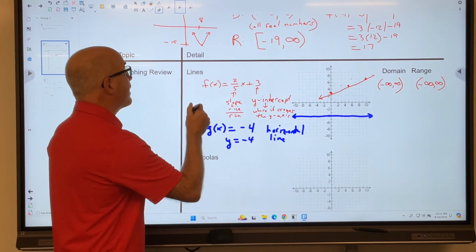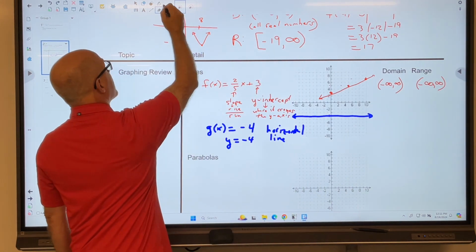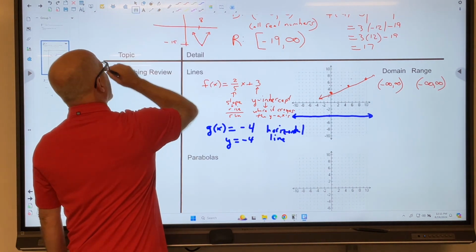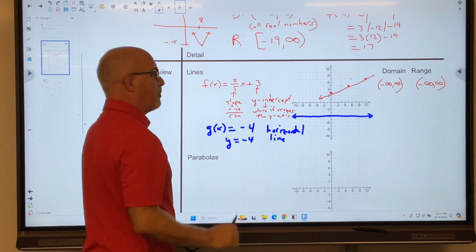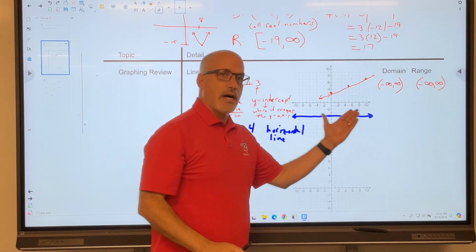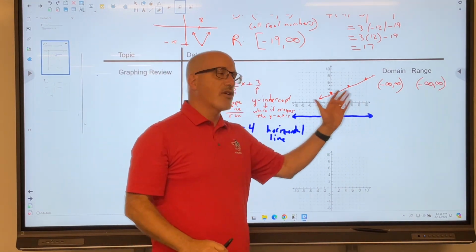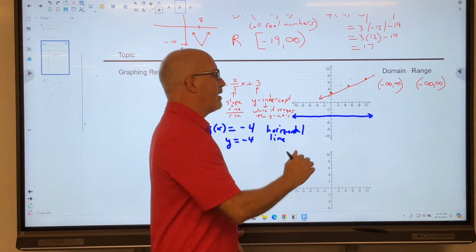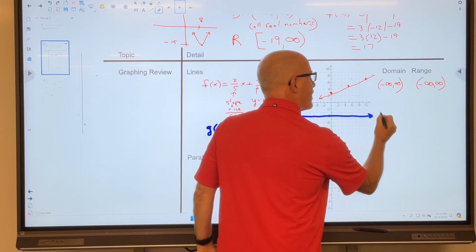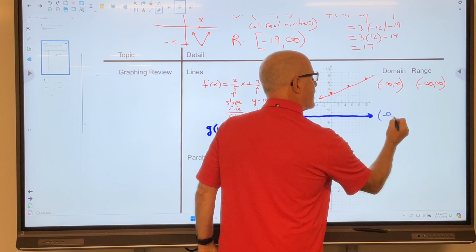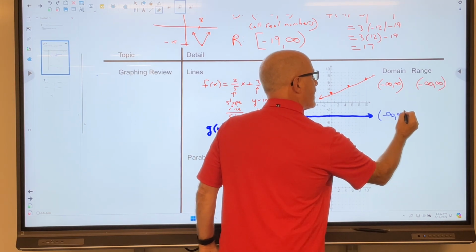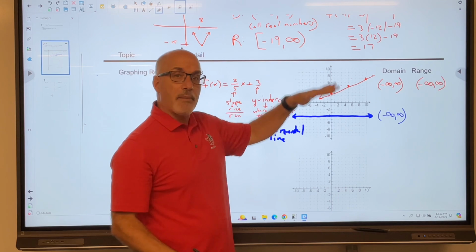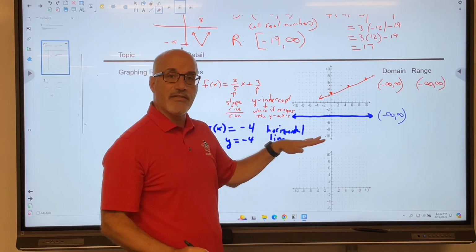Now let's talk about its domain and range. The domain and range for this has to do with looking at the x's and y's. If you look at the x's, it still goes forever in the positive direction, forever in the negative direction. So that means we're going to have negative infinity to infinity. But when you look at the y values, it doesn't go up and down, it stays at negative 4.